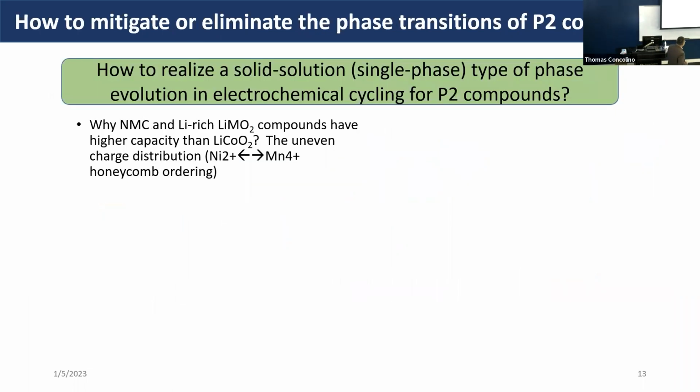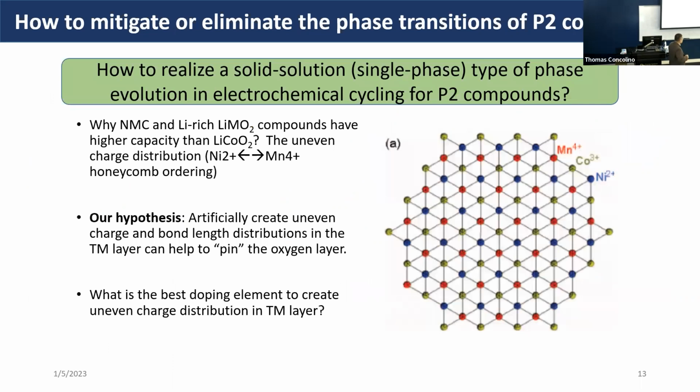So how to do that? Again, I skip the details, but I will just tell you that we got inspiration from lithium-ion battery materials, from some very high performance lithium-ion battery materials. We want the transition metal layer of the layered oxide to be more heterogeneous.